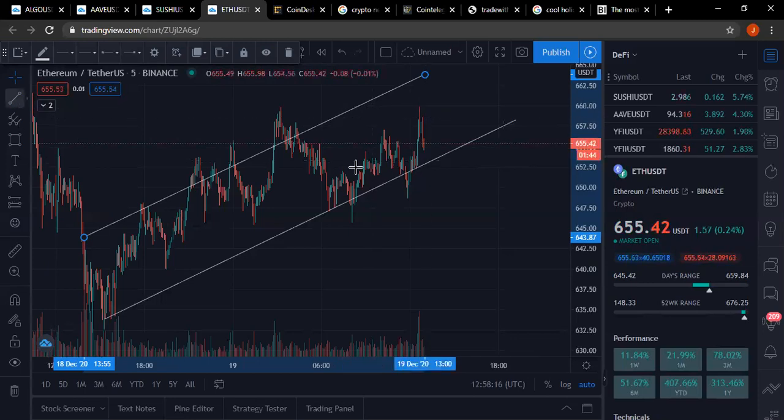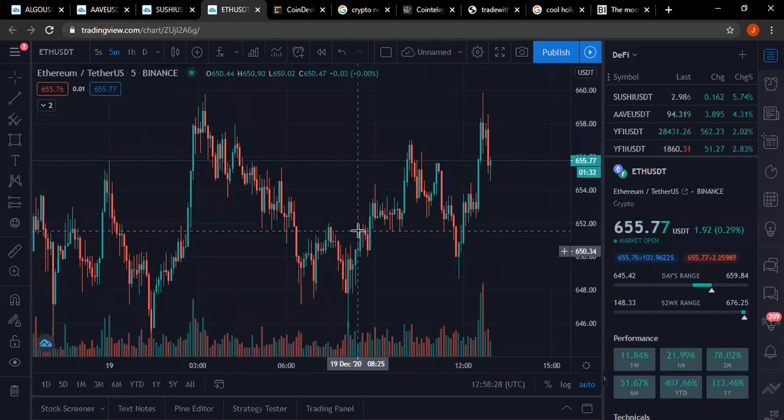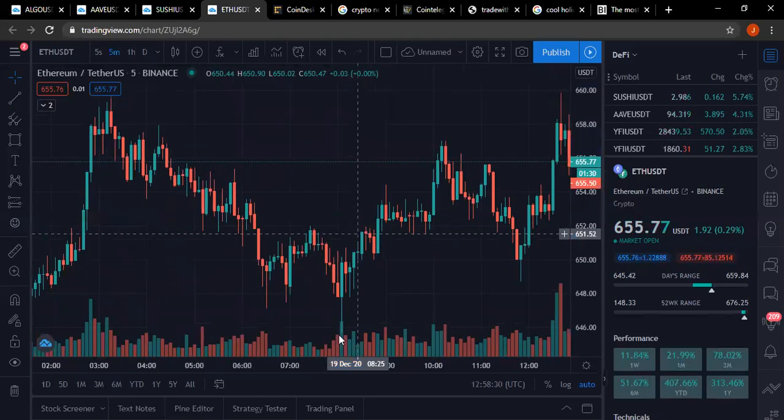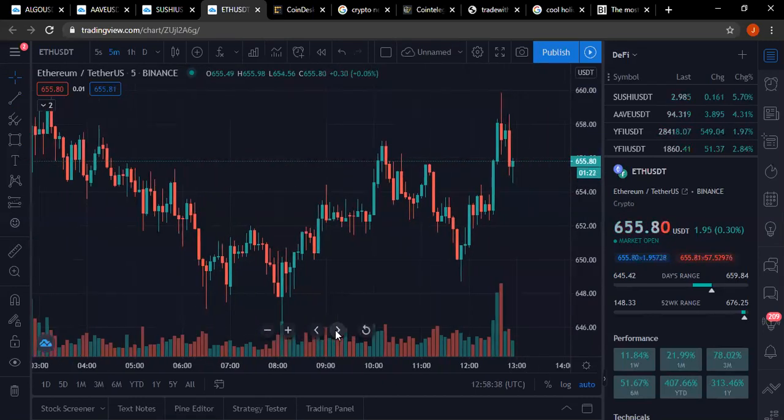The next tool and toolkit of technical analysis is nothing other than candlestick patterns. Your ability to interpret, and not memorize, each candlestick gives you a very good understanding of the market.